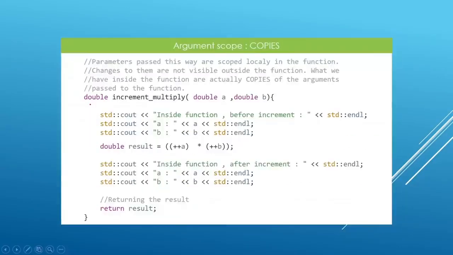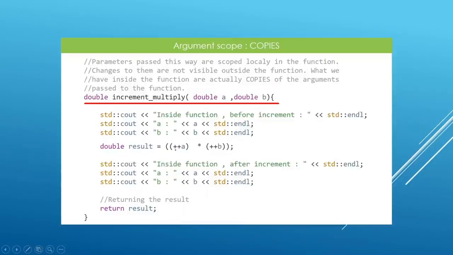One other thing I want you to be aware of is that if we have a function set up like this, this function is going to be taking parameters as copies. So if you have two variables, for example, c and d, and you call this function with those two variables, you're not going to be manipulating those two variables. What you will be working with inside the body of this function are going to be copies of the parameters that you passed in here.